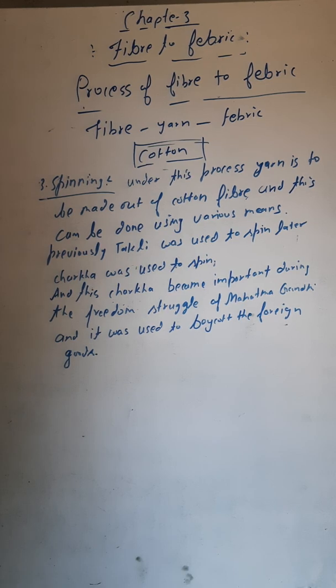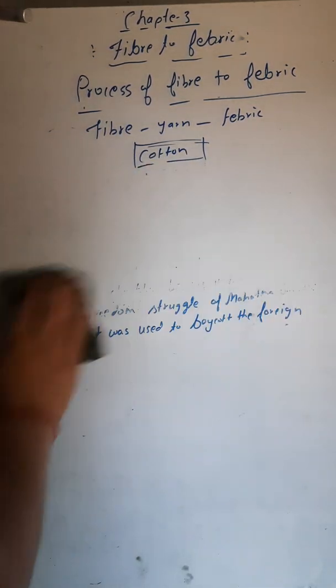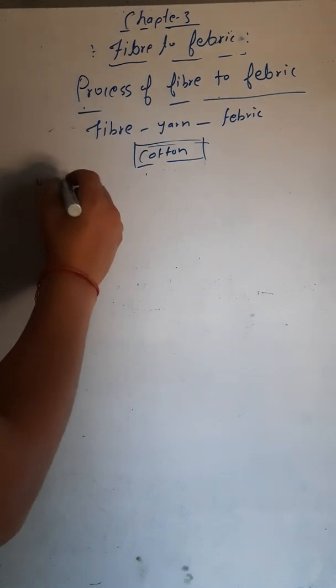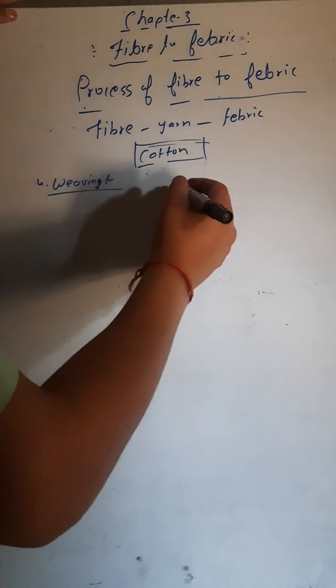Now comes the process that is weaving. So let's move to weaving. That would be the fourth process, weaving. So weaving is what? So finally with the help of weaving we make fabric. Means the cloth we make, the fabric we make, is with the help of weaving. Weaving is basically interlocking the yarn.